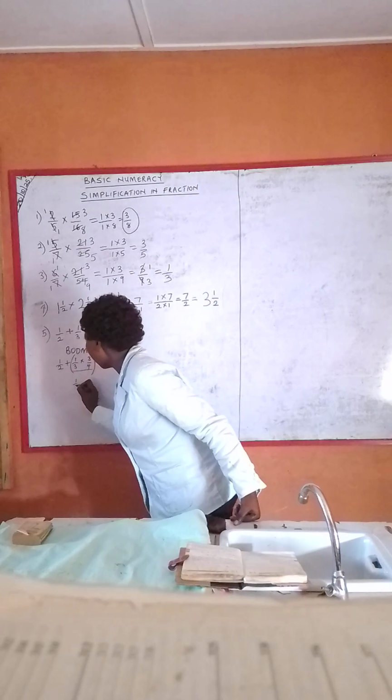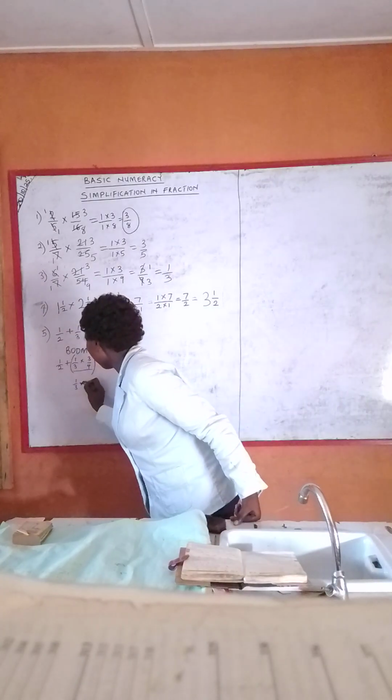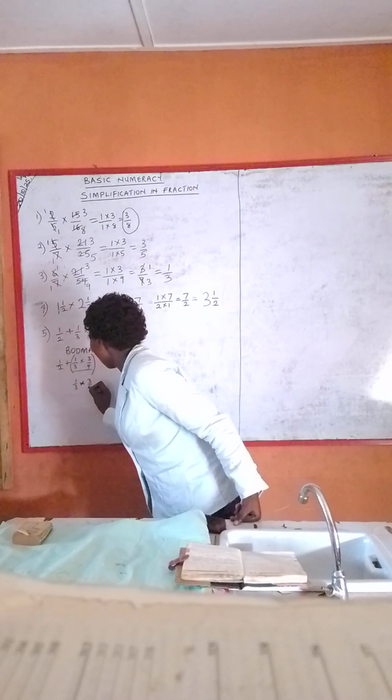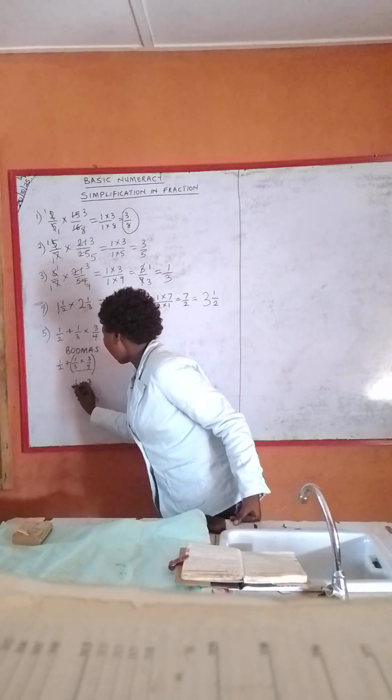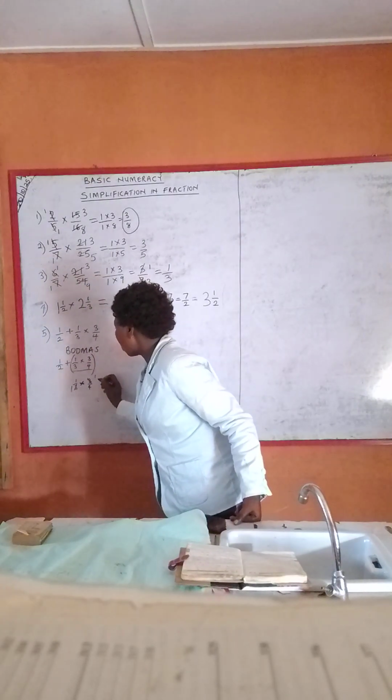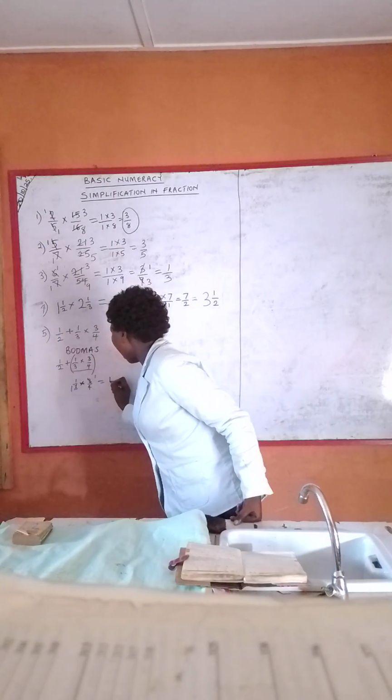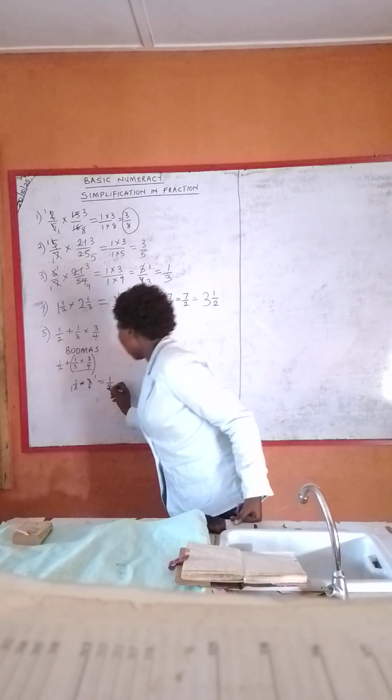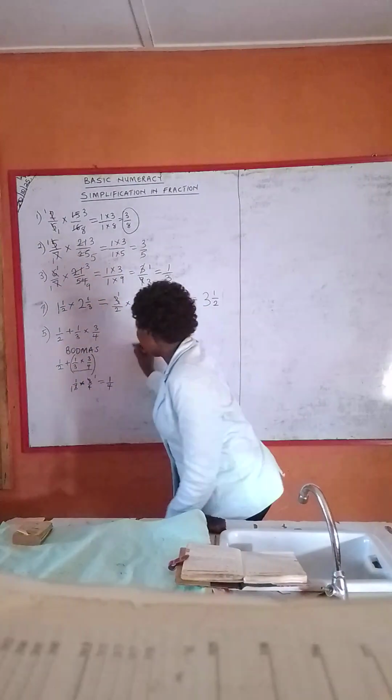So 1 over 3 multiplied by 3 over 4 will be what? This one will cancel this one, and this one will cancel this one. So the answer here will be 1 over 4.